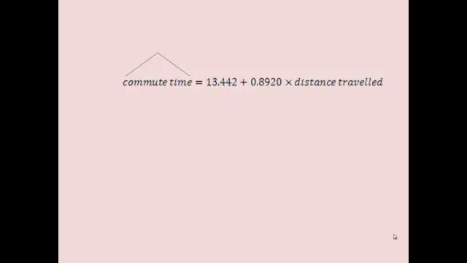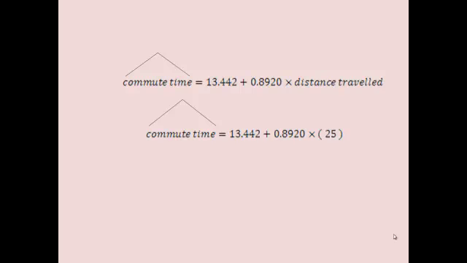Now, if we want to plug in 25 miles for the distance traveled, well then we're simply going to plug in the value of 25 at this spot in the equation. So we're going to take 25 times 0.892, and then we're going to add that to the y-intercept term, 13.442.